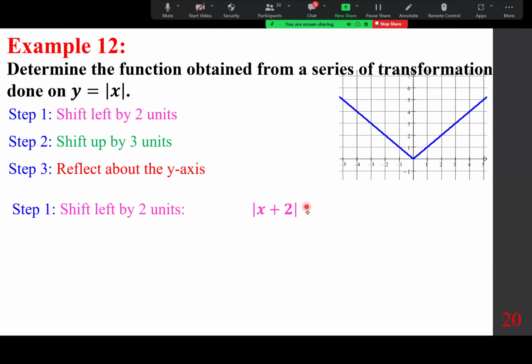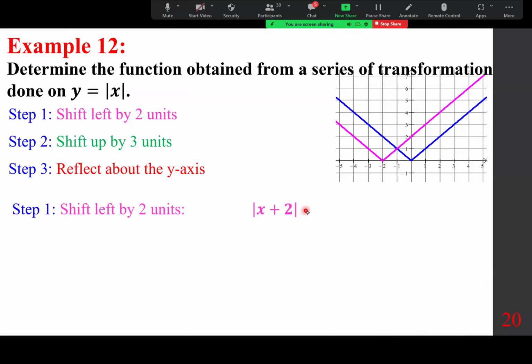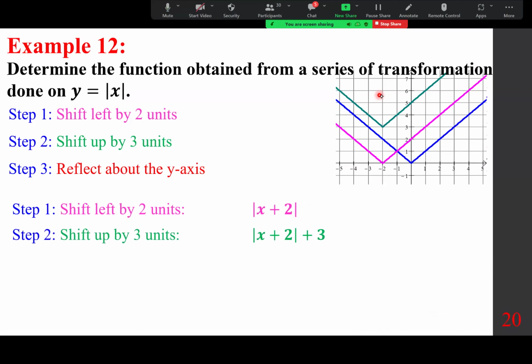So this is the graph 2 units to the left, the blue one. I'm going to move this 3 units up, so we're going to add 3. And now it's this one, the green one.